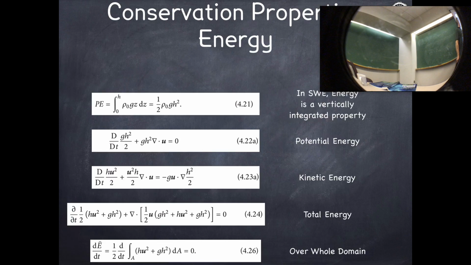Okay, so what's conserved in shallow water equations? So, what about energy? How would we get energy out of those equations? Here's one. I'm just going to write this H there.